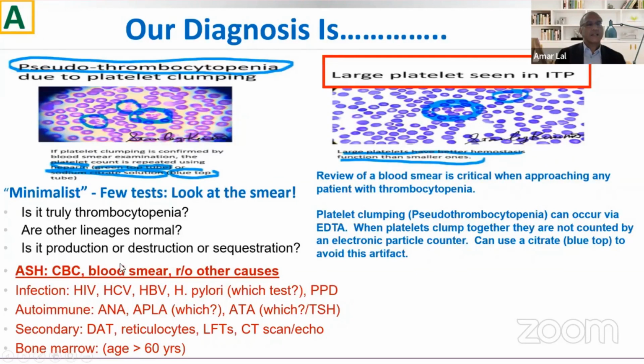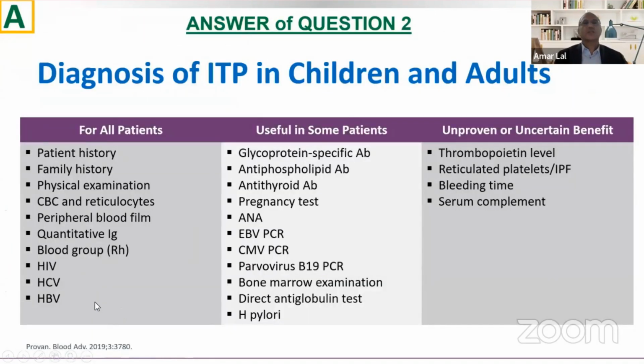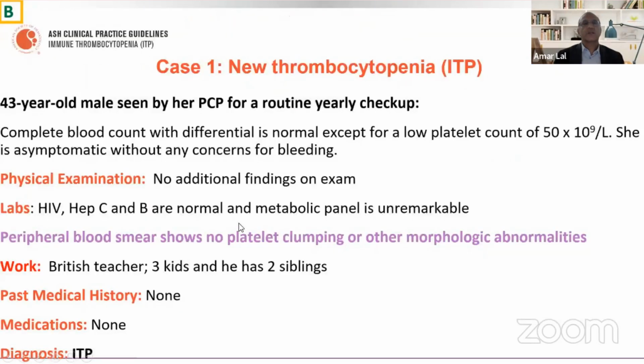And as per the ASH guideline, you can rule out any infective or immune phenomena with this panel of tests. This is the guideline for all patients: you go through history, physical, and peripheral film, and you check for immune and infective processes.